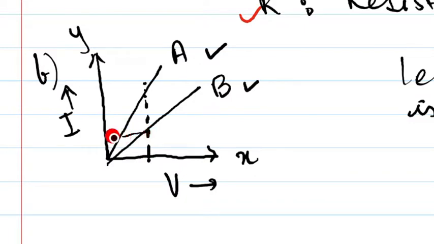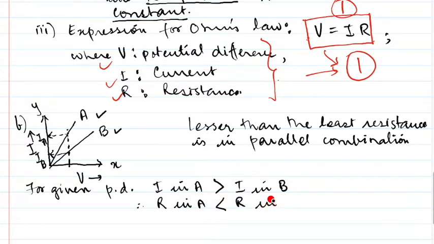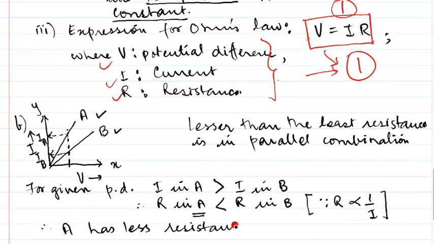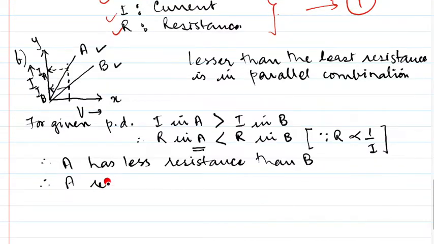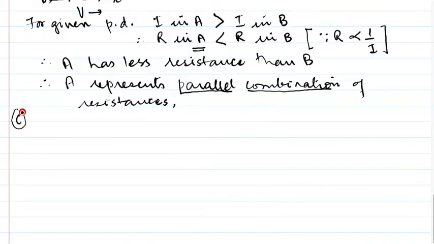For the given PD, I will have here, this one is going to be current in B, and this is going to be the current in A. So I will say for given PD, I in A is greater than I in B. Okay, so we shall say that the resistance in A is less than resistance in B. And here we will say since the resistance is inversely proportional to the current, so if A has less resistance than B, A represents parallel combination, underline parallel combination of resistance.